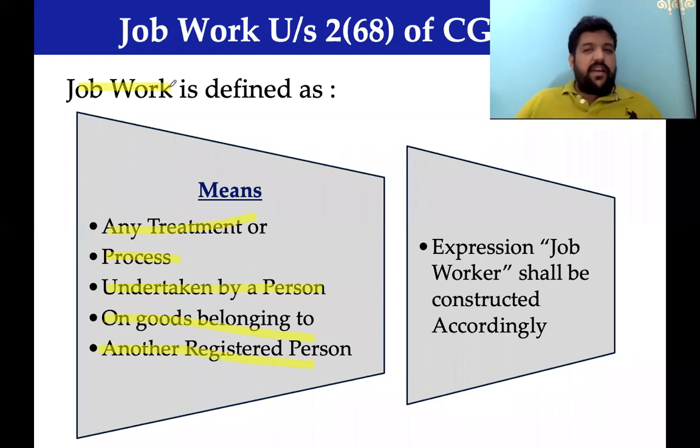R Limited supplies goods to S Limited. S Limited receives the goods, processes the goods, and sends back the finished goods. The activity done by S Limited is job work. They treat and process goods belonging to whom? Another person. Any treatment or process undertaken by a person, S Limited, on goods belonging to another person is called job work.